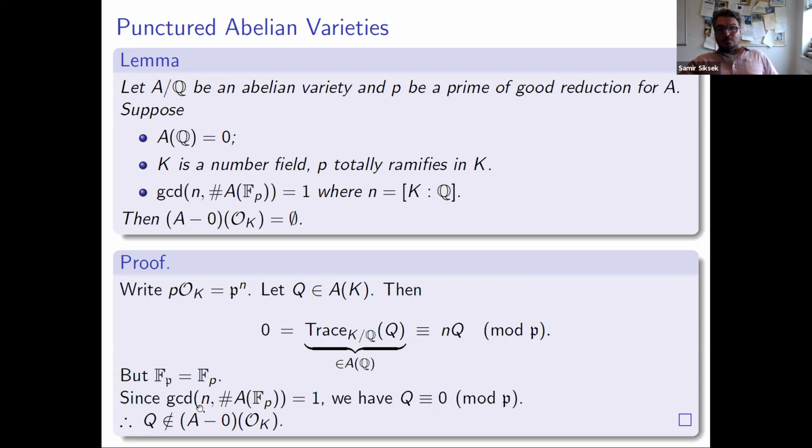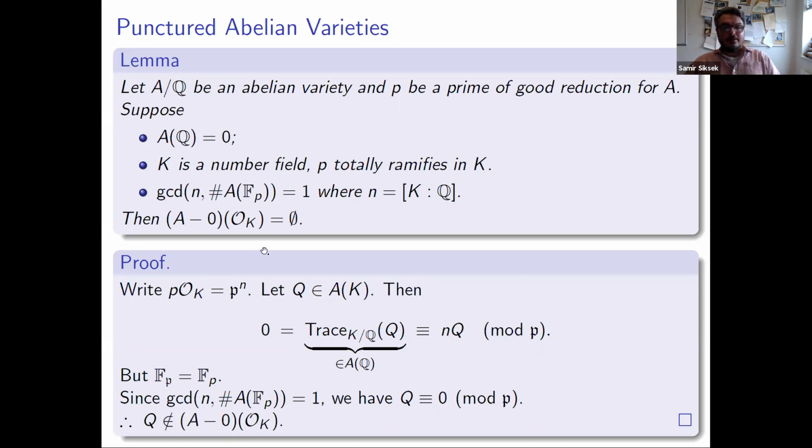And I've assumed that n is co-prime to the size of this group, so this equation tells me that Q is congruent to 0 modulo my prime ideal. Because it reduces to 0, it's not an integral point on my punctured abelian variety. So any rational point is not an integral point, and the set of integral points is empty.